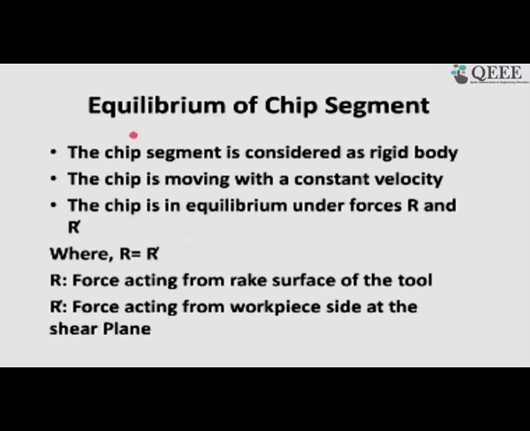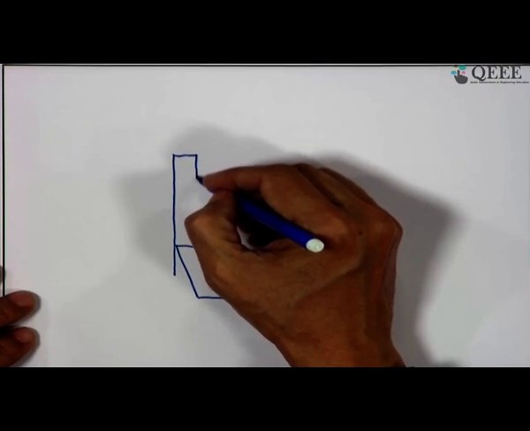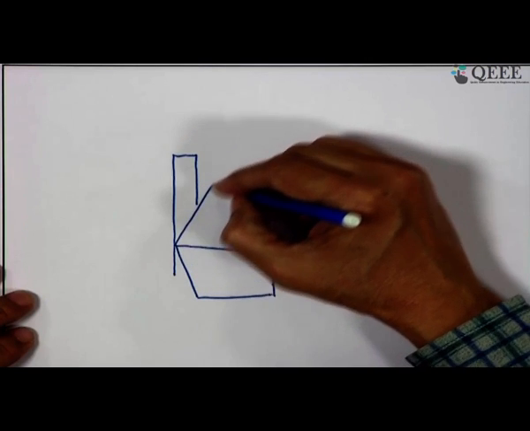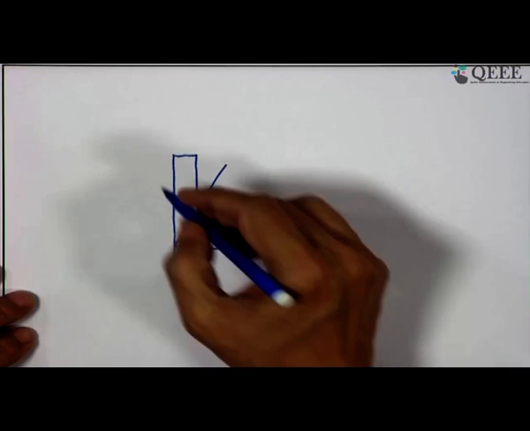Then comes the equilibrium of the chip segment. To illustrate this point, I have to prepare one diagram. Let me quickly prepare this one and immediately we see it. This is a cutting tool, and on this you have the workpiece, and as we explained yesterday, this is the shear plane, this side is the chip.